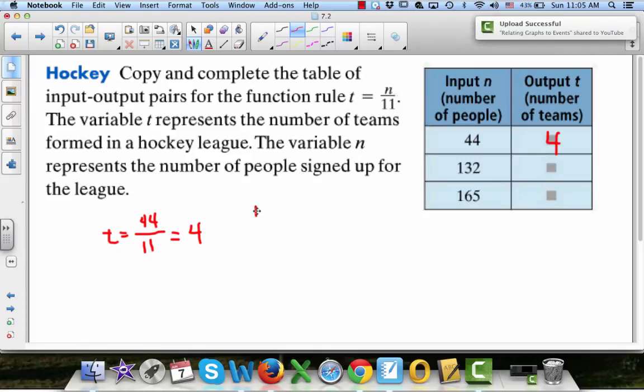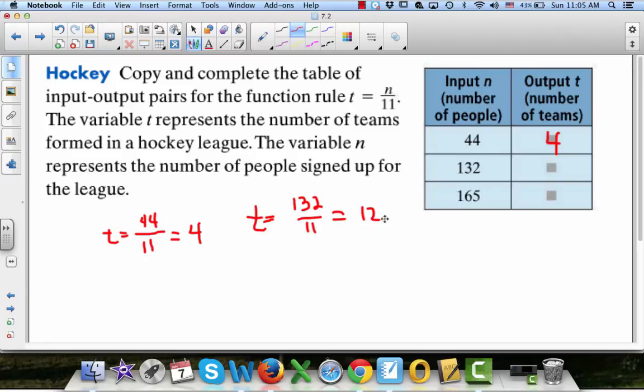Okay, then we go T equals 132 over 11. And that gives us 12. So we put 12 here. And then it gives us T equals 165 divided by 11, which gives us 15. You see? You getting this?